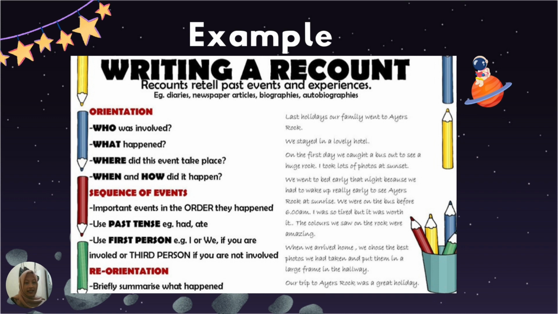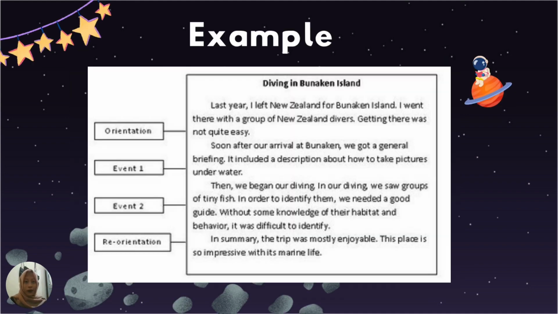Use past tense, for example, had, ate, went, and so on. Use first person if you are involved, such as I or we. Or if you're not involved, you can use third person. Okay, the last is reorientation. Reorientation briefly summarizes what happened in the experience.